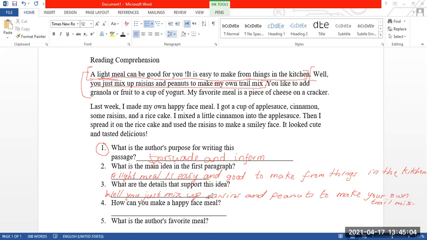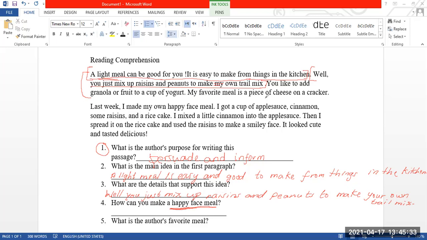Remember again that any sentence from the first paragraph can support the main idea. How can you make a happy face meal? Well, the question is talking about a happy face meal, and the keywords are happy face meal. Let's check where happy face meal is. You like to add granola or fruit to a cup of yogurt.